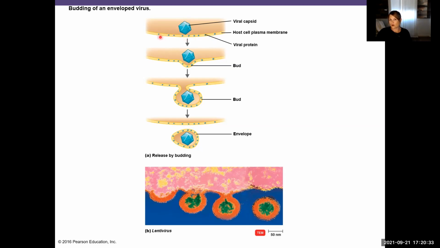So it's going to exit where all these viral blue proteins are. When it comes to the surface, it's going to start to form this bud with these viral proteins in it, and then it will make this bud bigger, and eventually it will bleb out, no longer connected to the plasma membrane, but taking some of that plasma membrane with it, with those viral proteins or spikes now part of the envelope.